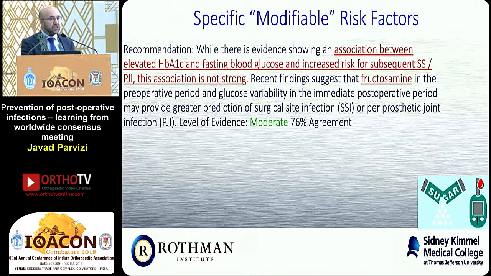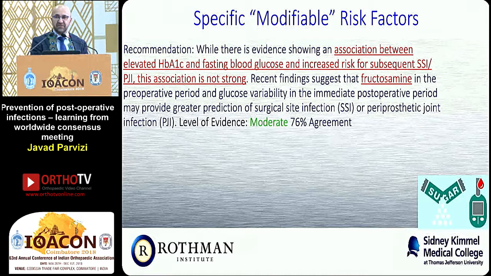There's an association between hyperglycemia and uncontrolled diabetes. Hemoglobin A1C is not a great metric to determine glycemic control. We have written a paper on the use of fructosamine, which is available in the majority of hospitals, including in India.